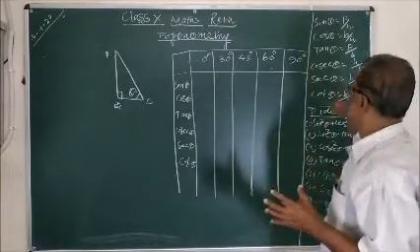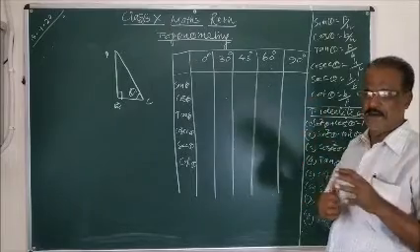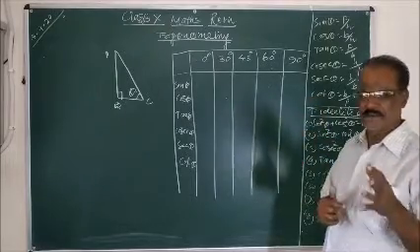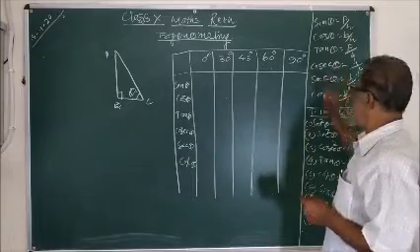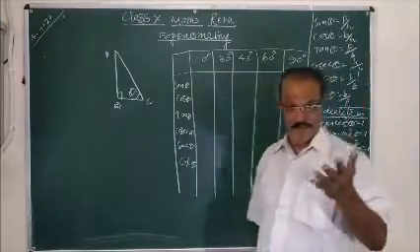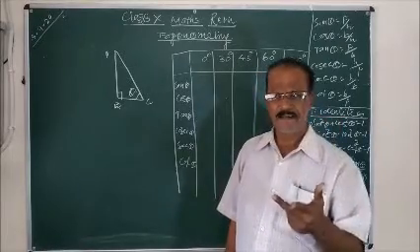Suppose sine 30 degree is equal to 1 by 2. I suppose this is the correct value. So what will be the value of cosec 30? It means 1 by 2 becomes 2 by 1.